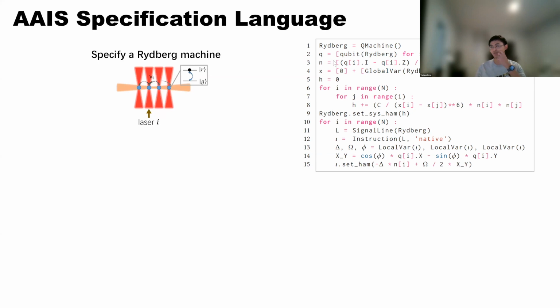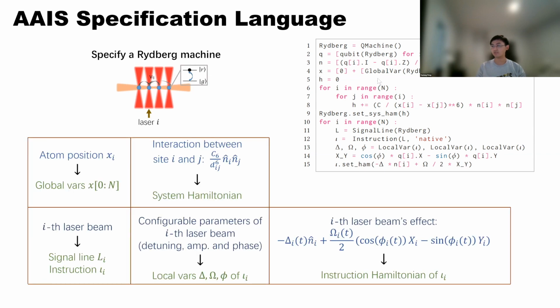You can see that the infrastructure of the AAIS specification language is very similar to the Hamiltonian modeling language, where you can define quantum sites and operators in a similar way. We can see that we have other components of the system to program here, and they are decomposed in this table here.